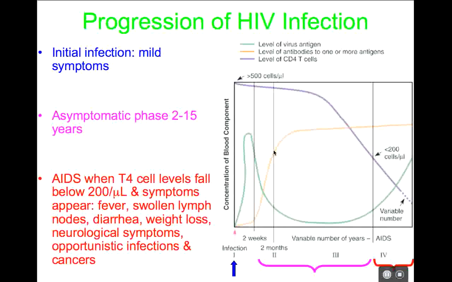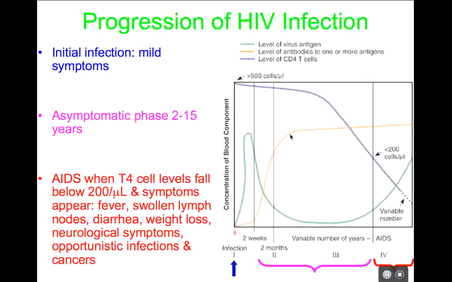It can take as much as 6 weeks to get a good antibody production that we can see very clearly. Antibodies can show up faster, but 6 weeks is the longest it can take for antibodies to show up in the bloodstream during an HIV infection.